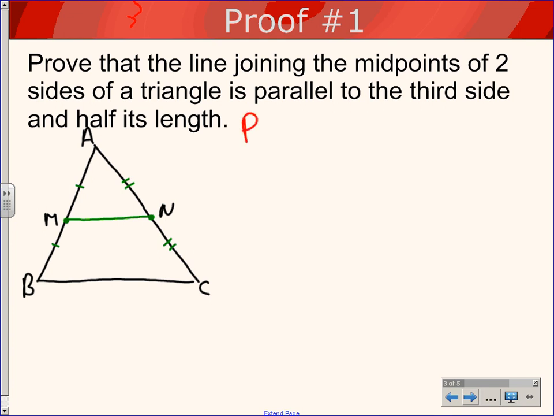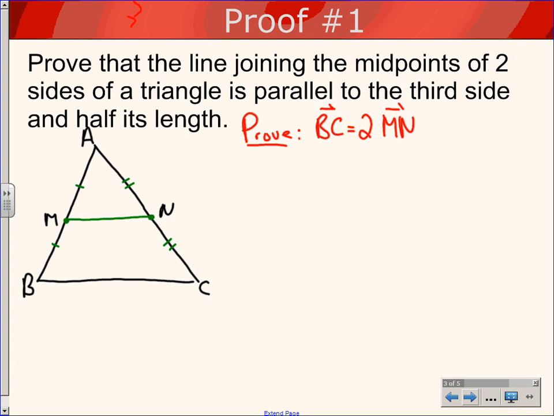So our goal would be to prove that vector BC, for example, so the vector at the bottom, compared to vector MN, BC should be twice as big. So that's what I need to prove.